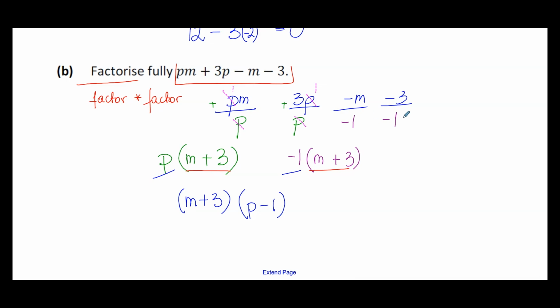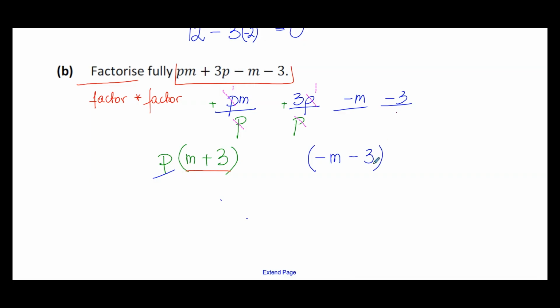But let's say that I didn't see that. Let's say I didn't come up with an idea of divided by minus 1. Then I'm saying, okay, so that means that my second factor is minus m minus 3. Now, for them to become 1 factor, they have to be the same.